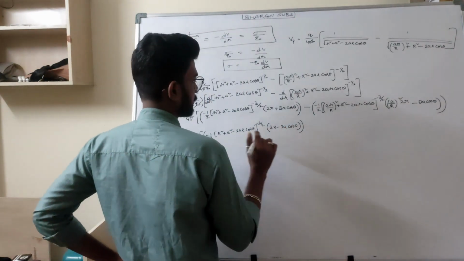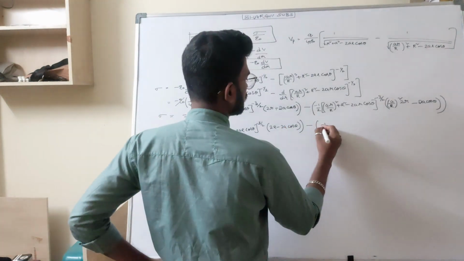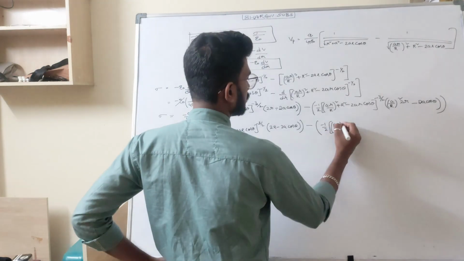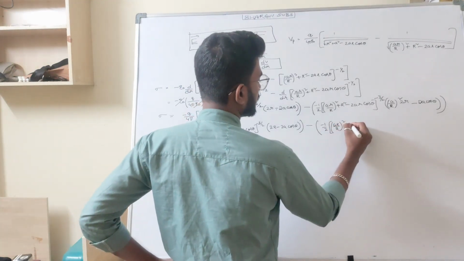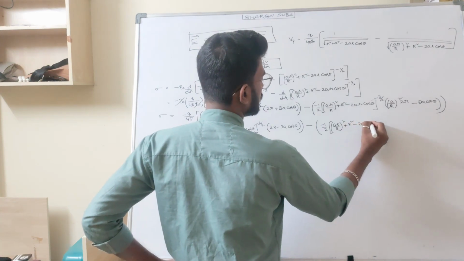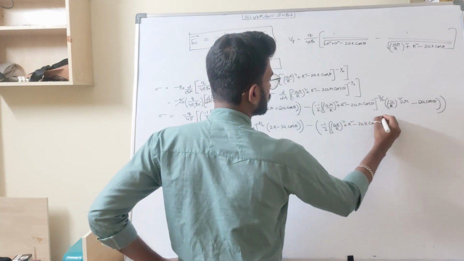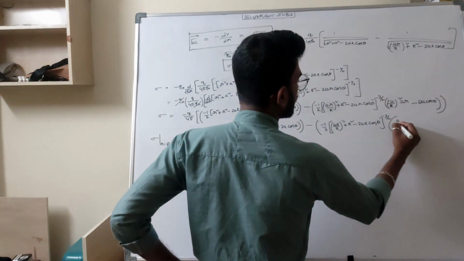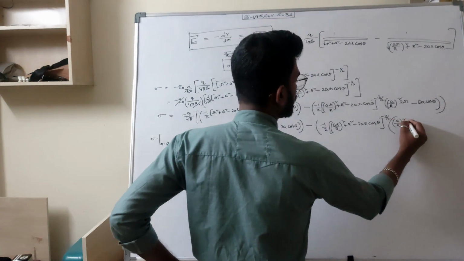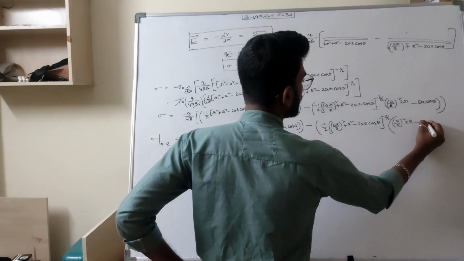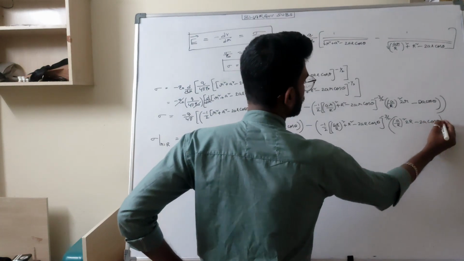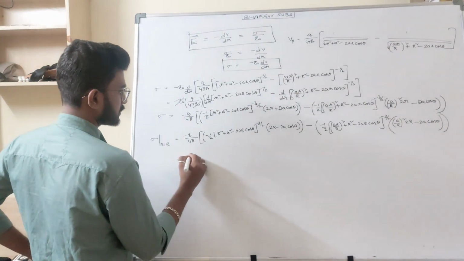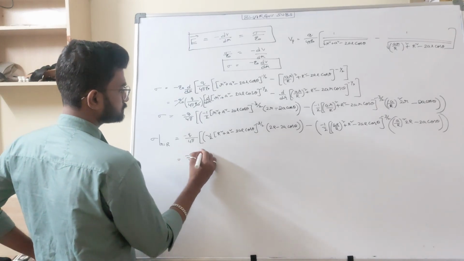Up to here, one term, and again minus 1 by 2, a by capital R whole square plus r square minus 2ar cos theta whole to the power minus 3 by 2 and a by r whole square, 2 capital R minus 2a cos theta, correct. So minus q by 4 pi.